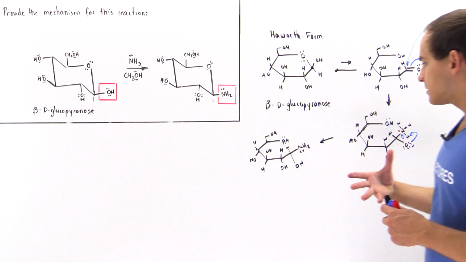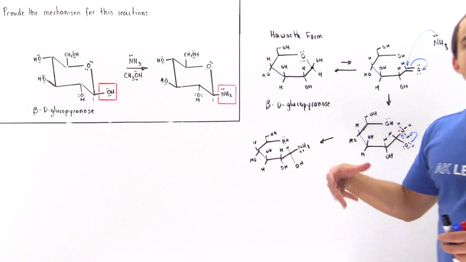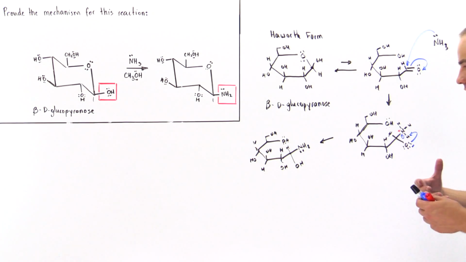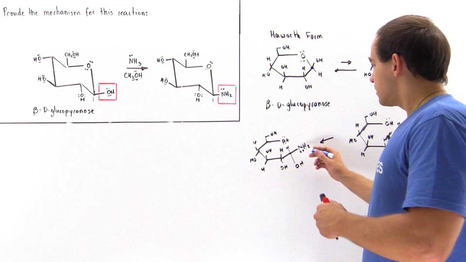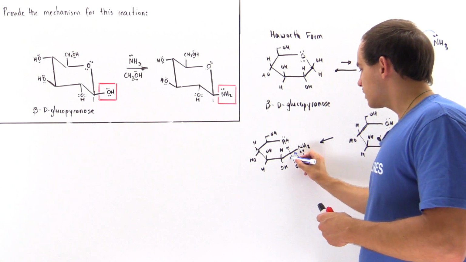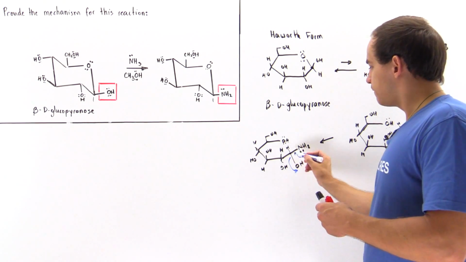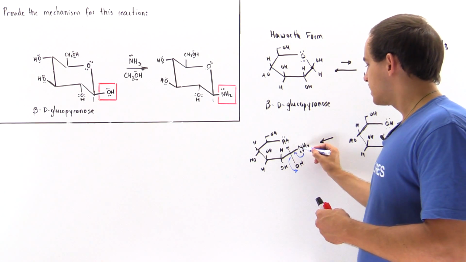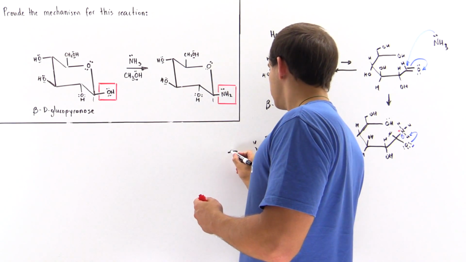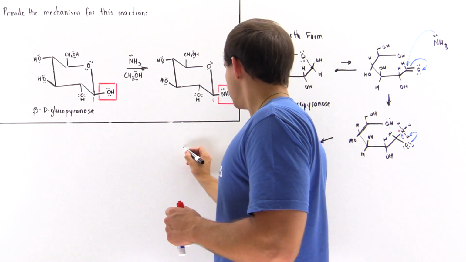Now, in the next step, we have an elimination step. Because we are under basic conditions, these two electrons kick off this hydroxyl group and form a pi bond between this carbon and this nitrogen. So we form the following intermediate.